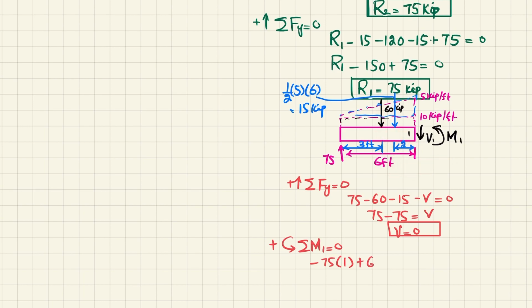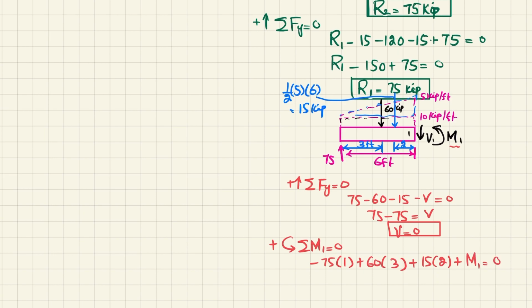So plus 60 into 3. The third moment will be due to this load, 15 into 2, and this is also producing counterclockwise, so it will be positive. So I will write plus 15 into 2, and the last external moment is M1.